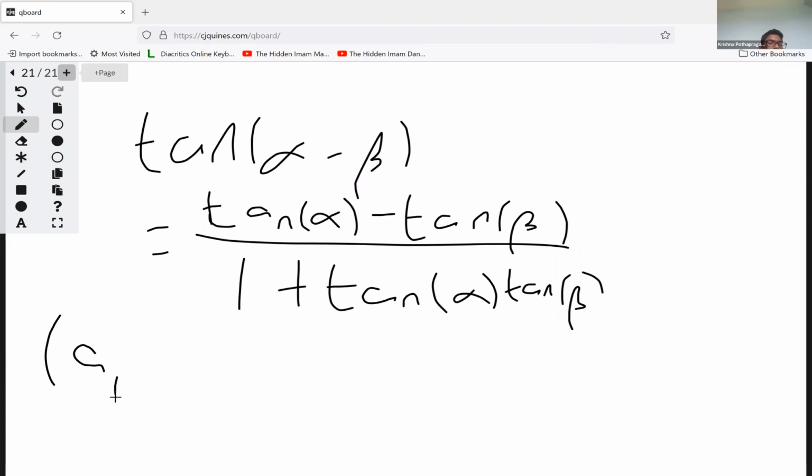if the coordinates of A are A1, A2, 0, right?